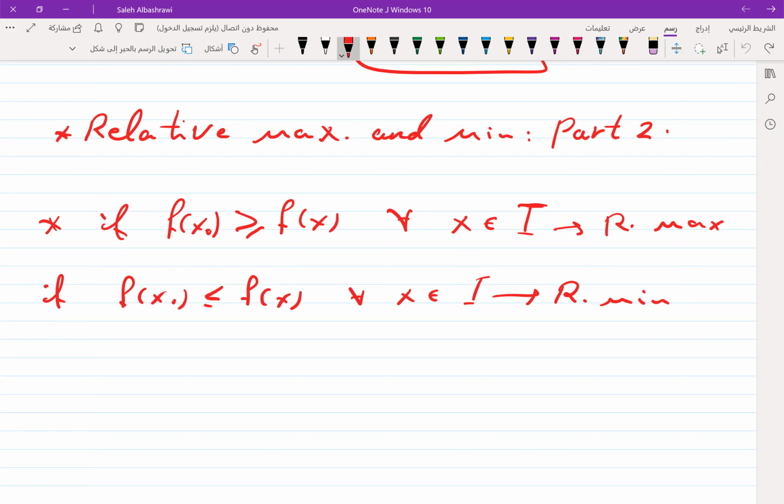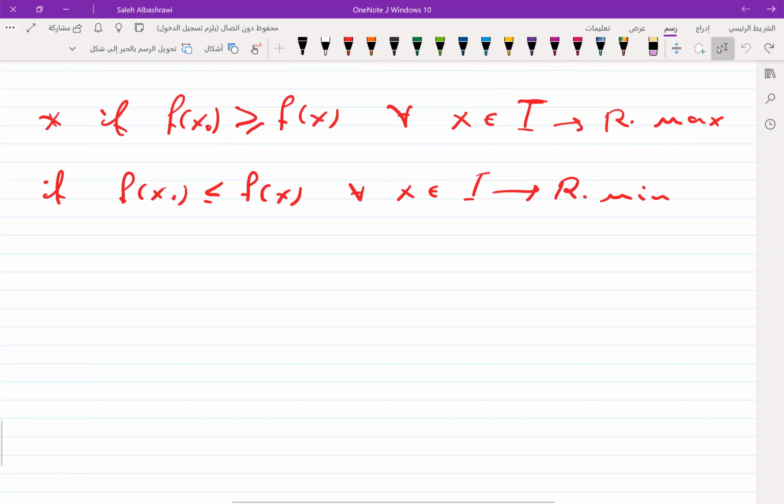And also we said that the relative maximum and relative minimum are located at critical points.